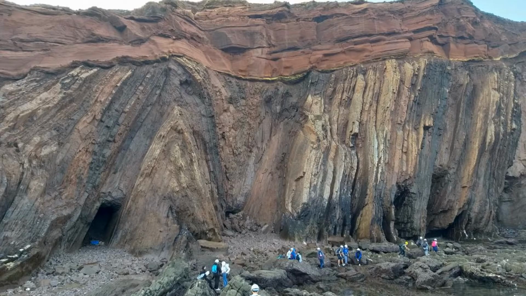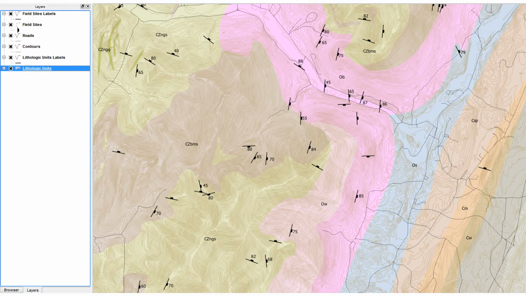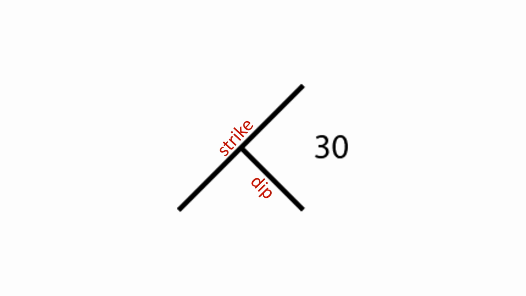Tilted strata can add to the complexity of the terrain in the body of a map. To visualize the orientations of strata, maps include measurements called strike and dip. Strike and dip measurements are commonly illustrated with this symbol. The symbol consists of the strike, which is the line with 2 free ends, and the dip, which is attached to the strike at a perpendicular angle and has 1 free end.